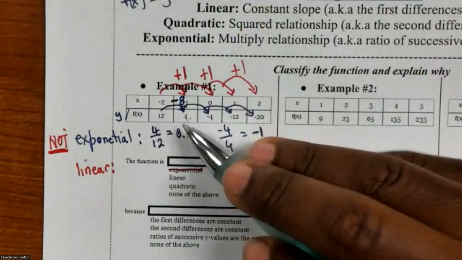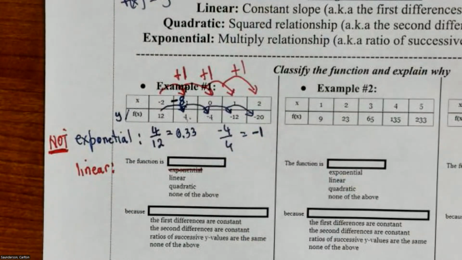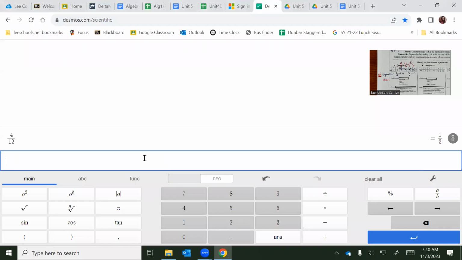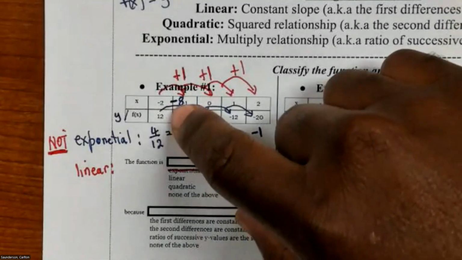But a lot of times that's not easy for persons to calculate, so you can open your calculator and put in the number that came before it, so 4 minus the number that came previous, so minus 12. You get -8.